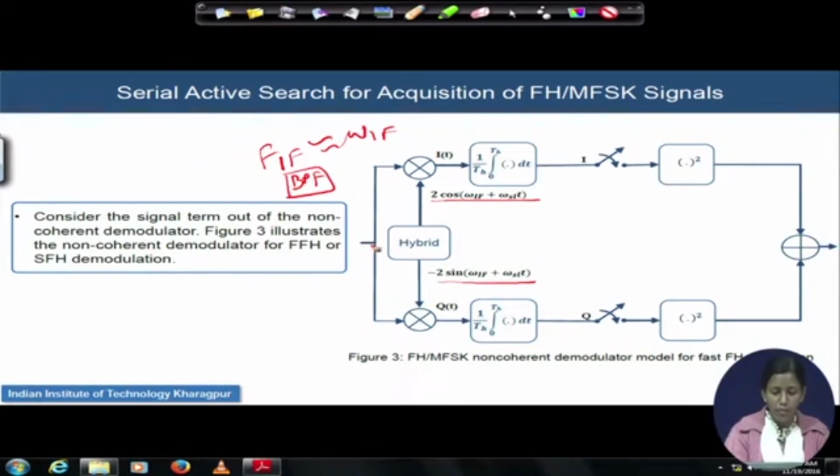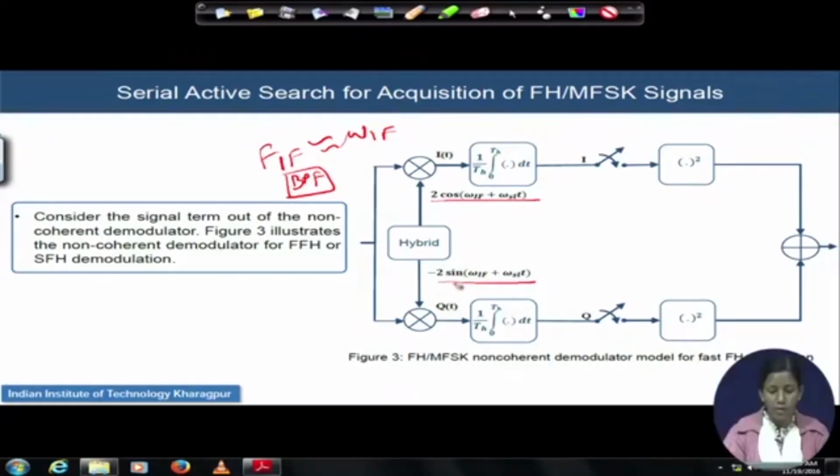So if it is tuned to omega IF, the decoder will also be tuned at IF plus the angular frequency of the modulation tone, and both the in-phase and quadrature-phase will be created, and we continue with the in-phase and quadrature-phase integration and squaring. It is basically the correlator architecture: multiplication and integration, then squaring it up with the envelope detector output, and finally adding up both terms and feeding it to the decision device.